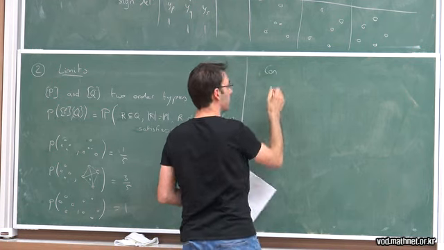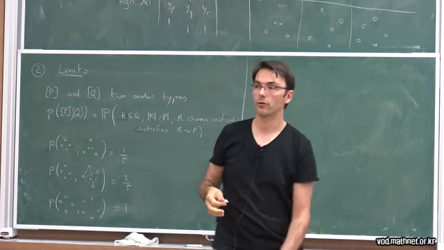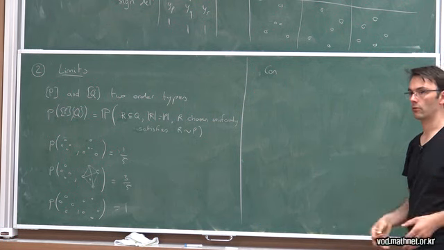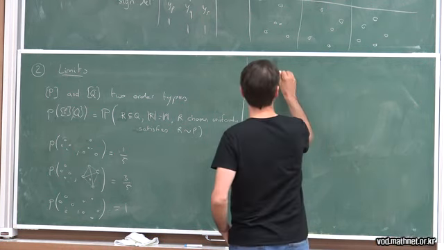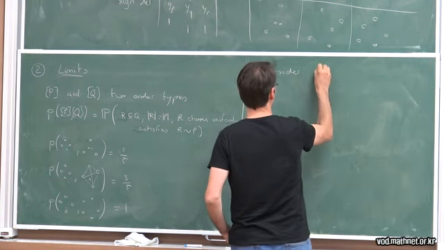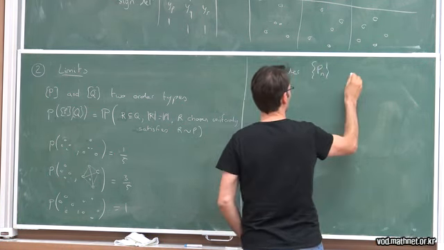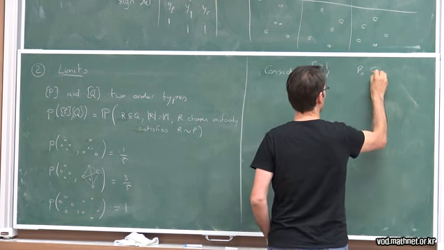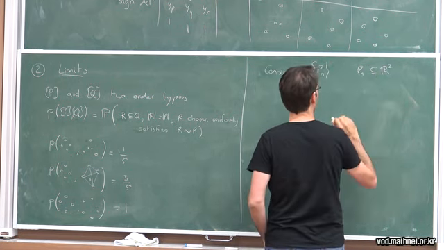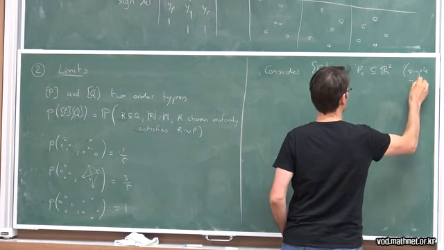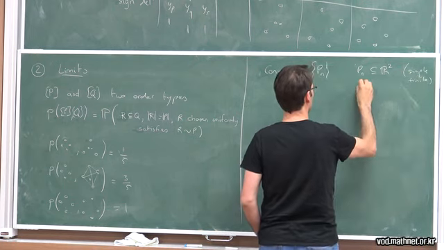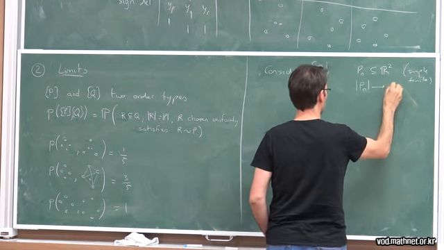Now, consider a sequence of point sets where the number of points goes to infinity. So consider a sequence Pn where each Pn is in R2, simple, finite, and the size of Pn goes to infinity.